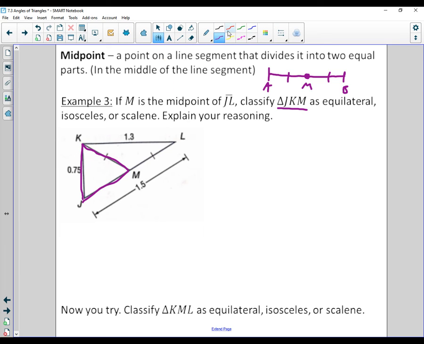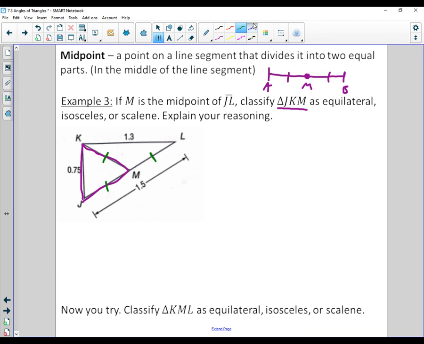And I know that it gave us this tick mark and this tick mark, or hash mark, to show that those sides are the same. But I also know that if M is the midpoint here of JL, then it cuts this side and this side into equal parts. So I know that all of those are the same.